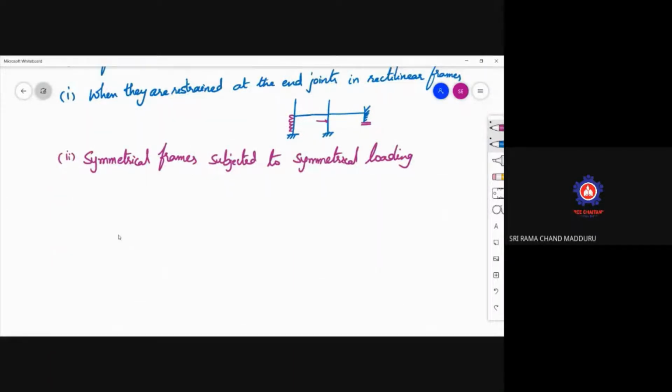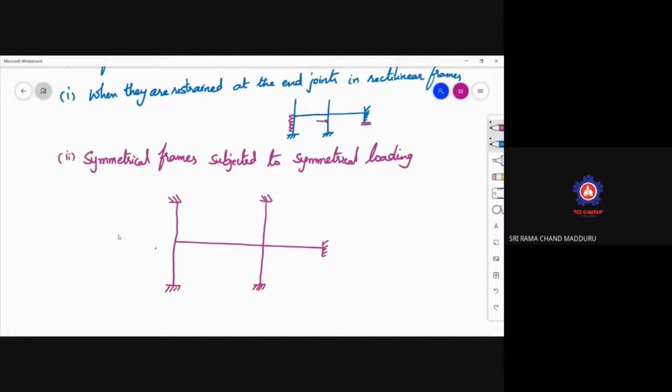So just draw this frame. Here this is fixed, this is also fixed, and this is also fixed. So the rectilinear frame you can consider there.